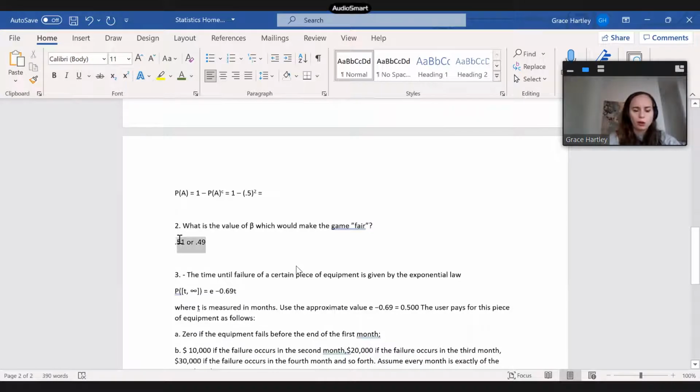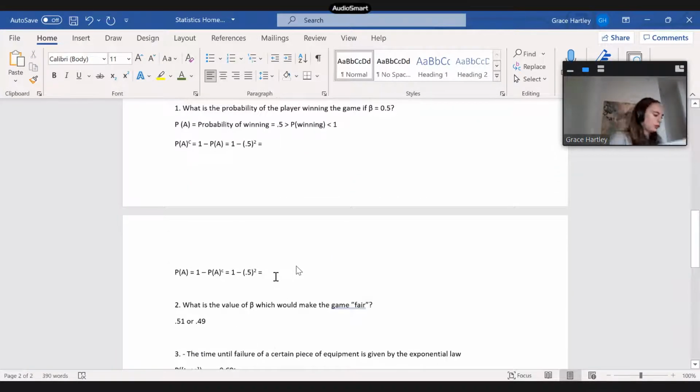So then what is the value of beta which would make the game fair? I mean, you could do the brute force method. You can just solve for that unknown, because now you have the probability.